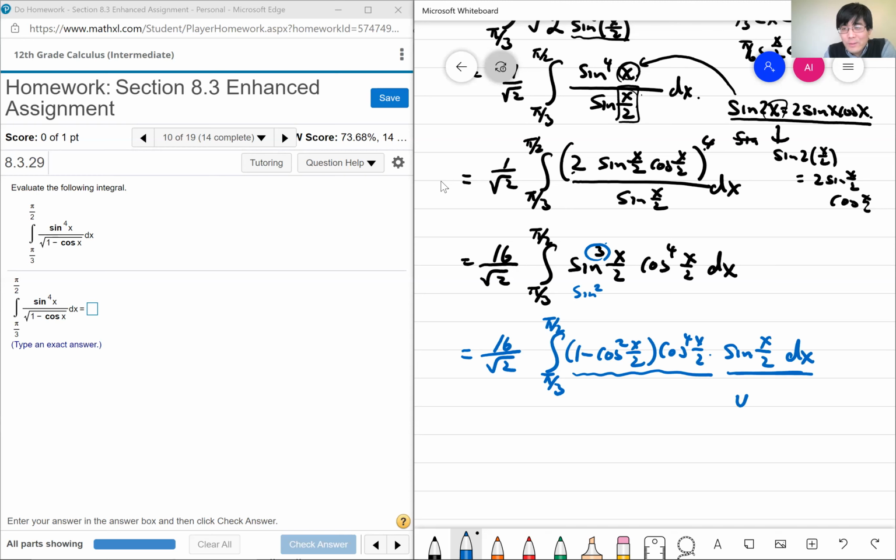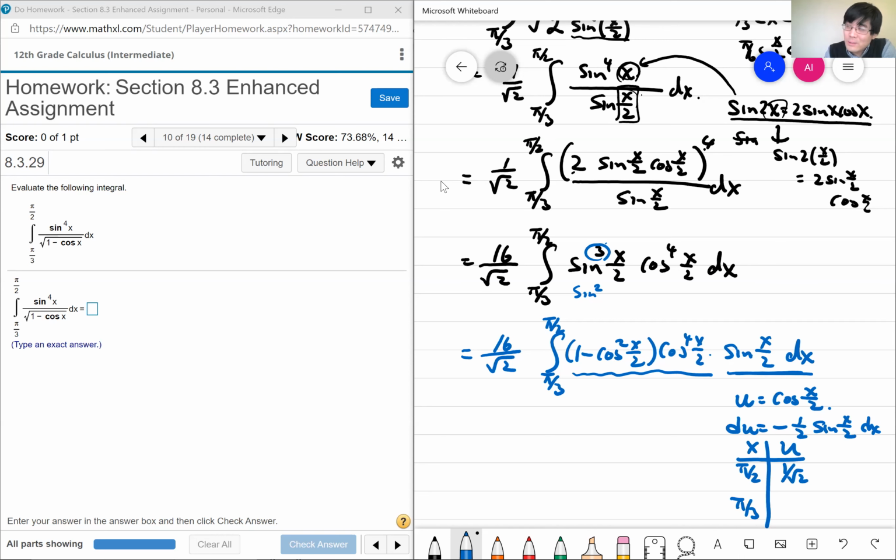Now you have an equation in terms of cosine x over 2 times its derivative here. So let u is equal to cosine x over 2. So du will become negative sine x over 2 dx times 1/2. We are going to change interval. So when we plug in pi over 2, it's going to be 1 over square root of 2.